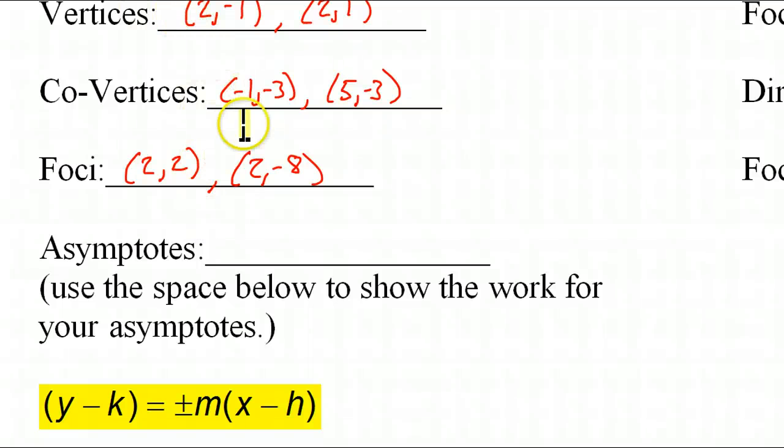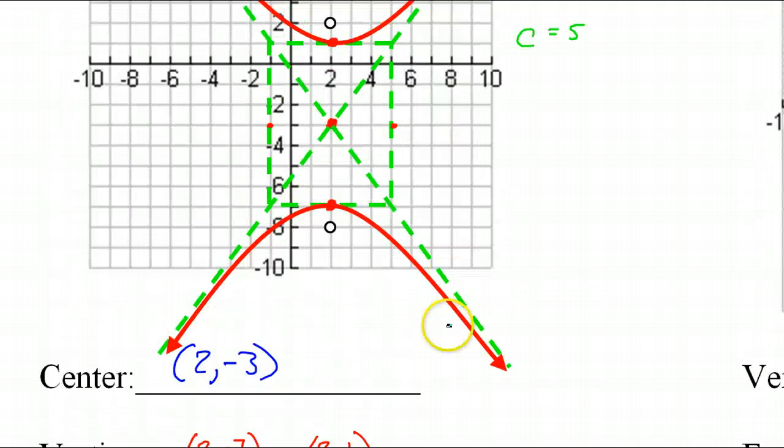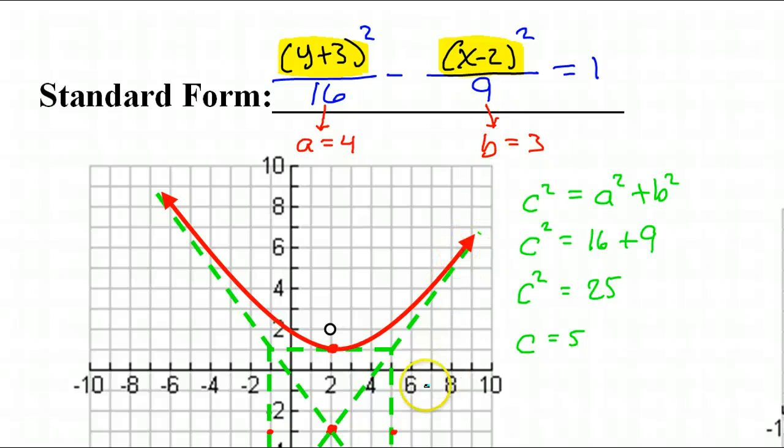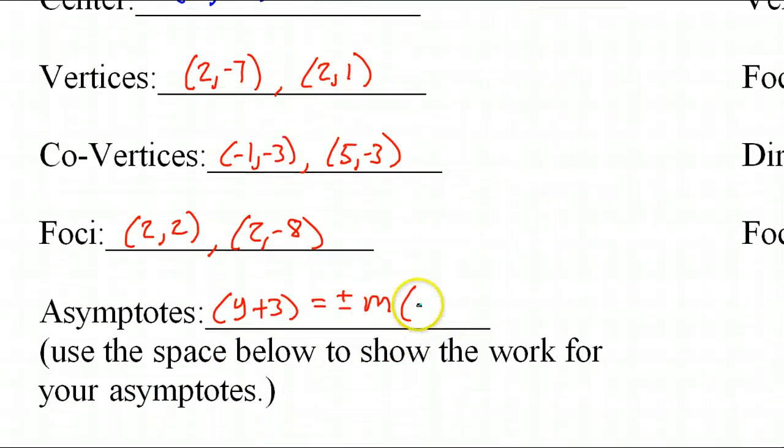So I'm going to have y plus 3 is equal to plus or minus the slope times x minus 2. We're always going to have those same two things that showed up in our equation. All we need to worry about is the slope.